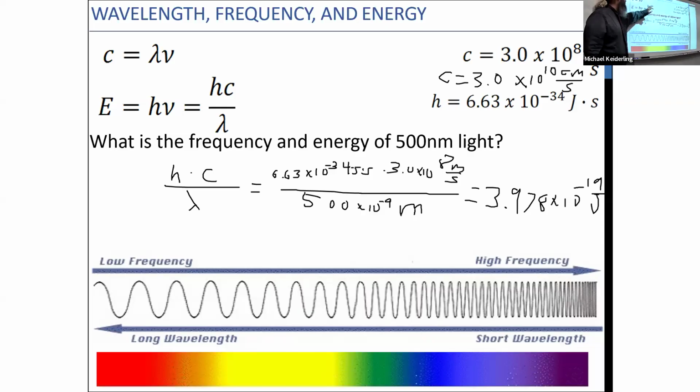If you have a wavelength, it's Planck's constant times the speed of light over the wavelength. You need to keep track of units. If you have a wave number, it's Planck's constant times speed of light times the wave number. But again, you need to keep track of units, because wave number is always going to be in inverse centimeters, but the speed of light, the standard is in meters per second. So you might have to do a conversion.